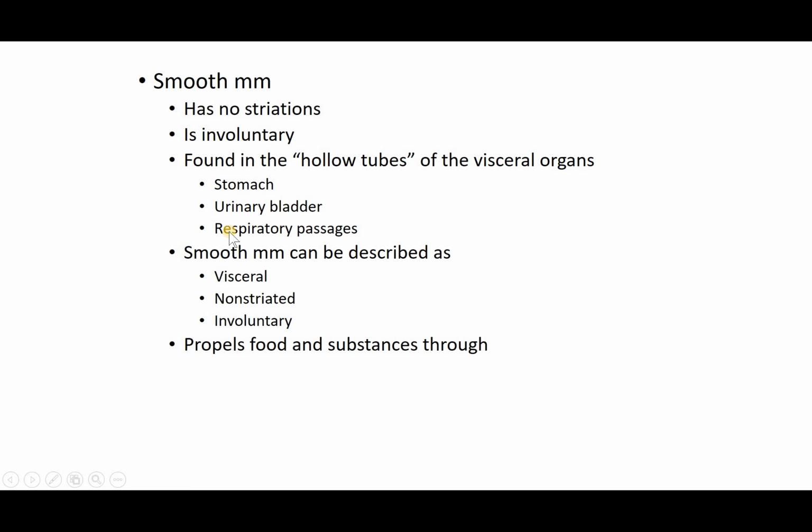So stomach, urinary bladder, respiratory passageways are examples of where you would find smooth muscle. Smooth muscle is also described as visceral, non-striated, and involuntary. One of its purposes is to propel food and other substances through these tubes. And it does that through a contraction wave called peristalsis.